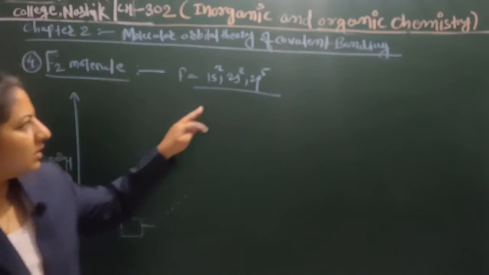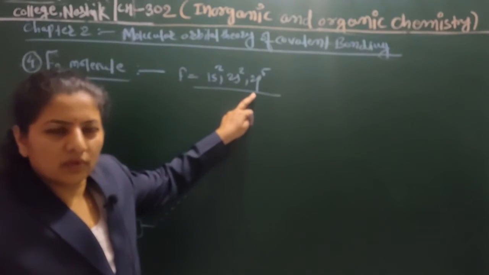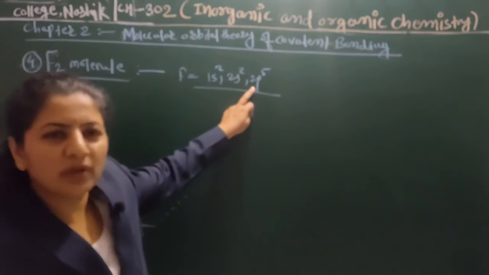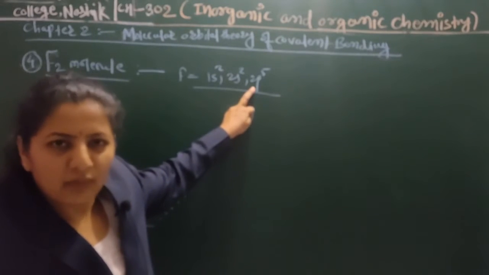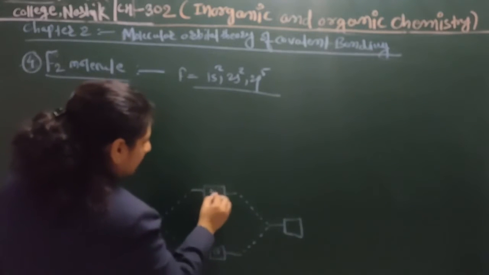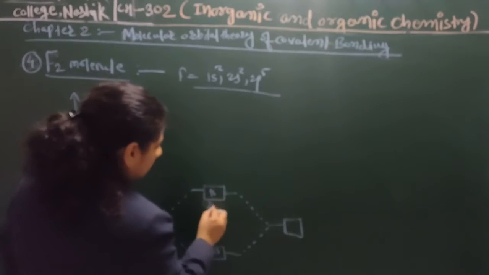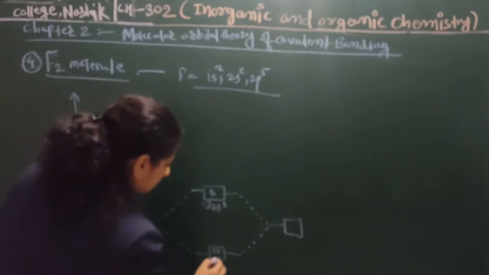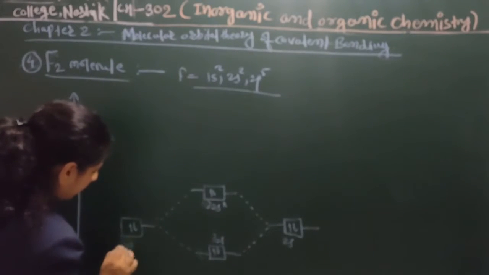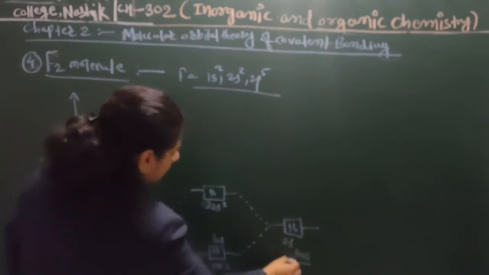The 1s orbital does not take part in bonding, and the 2s orbital also doesn't take part in bonding; only the 2p orbitals take part in bonding. Here we have the AOs, then the MOs, and then again the AOs.